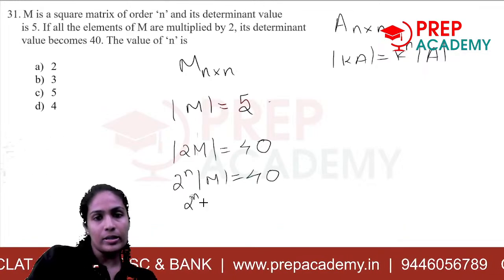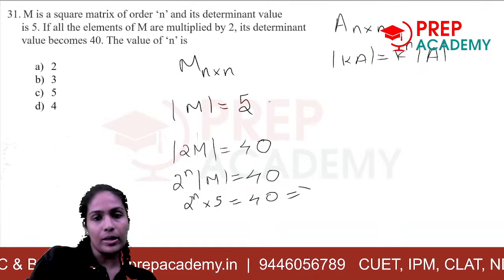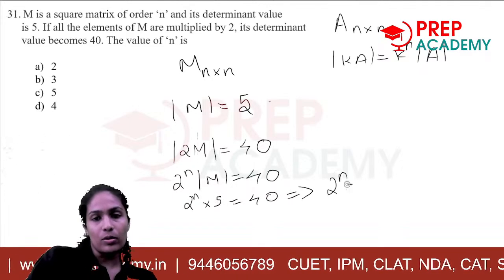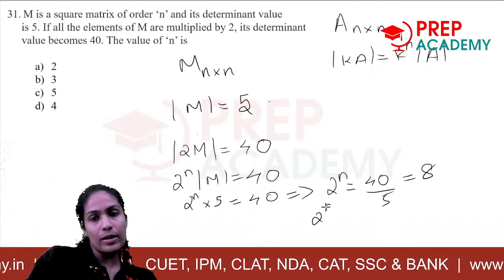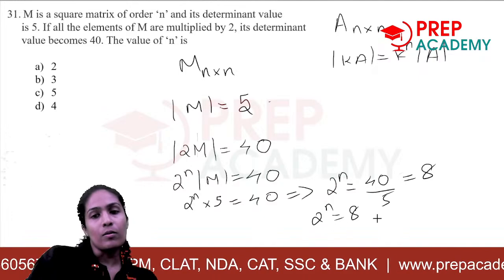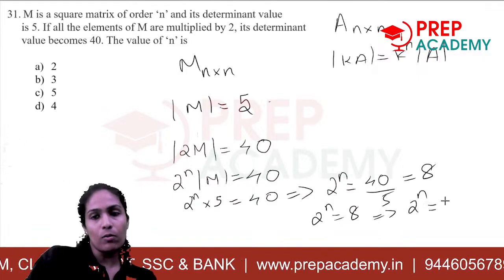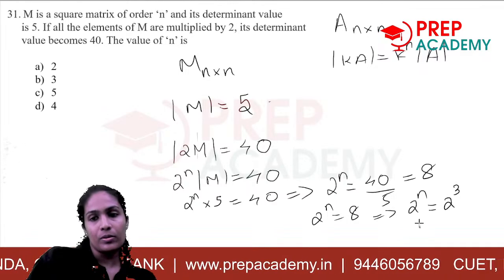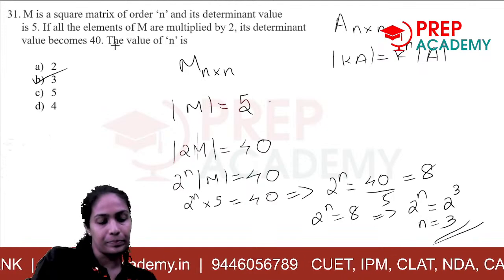But determinant M is 5, so 2 raised to n into 5 is equal to 40, which implies 2 raised to n is equal to 40 by 5, which is equal to 8. 2 cube is actually 8. So 2 raised to n is equal to 2 cube. So n is equal to 3, option B.